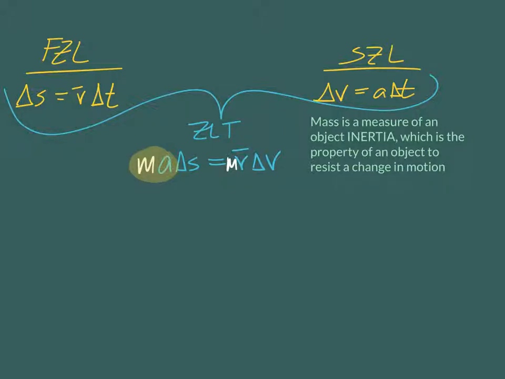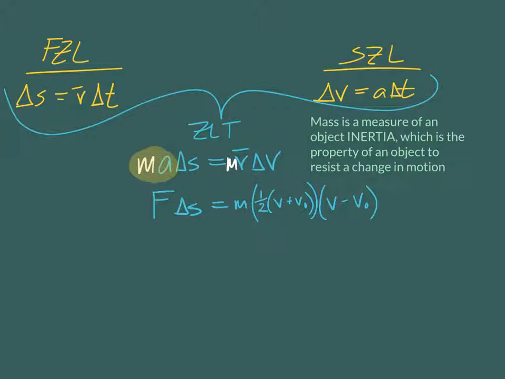So I could change this description to force times basically distance, if you will, or displacement, equals m v bar delta v. Well, m times basically 1/2 of V plus V naught times V minus V naught.